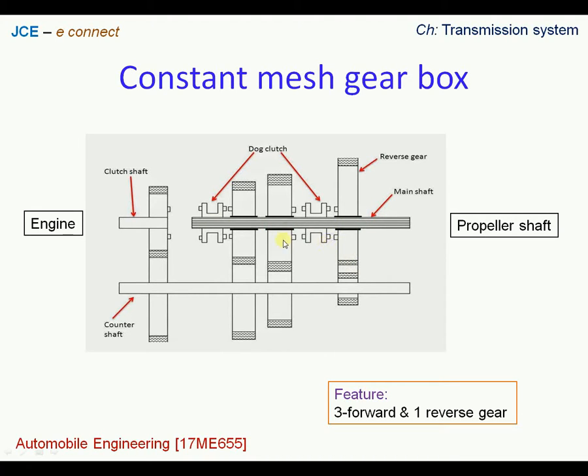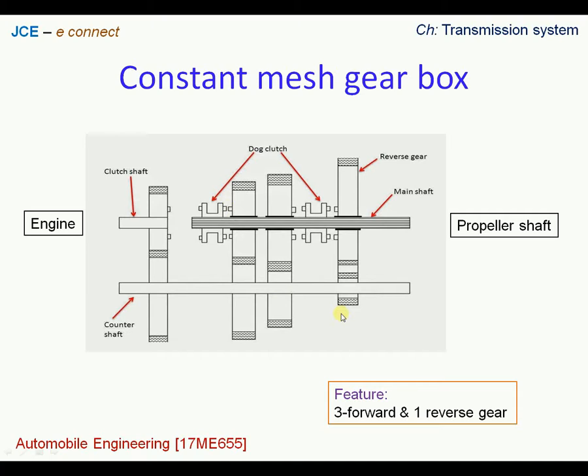Further, we see that the dog clutches have a tooth on its sides, and they are helpful to mesh with the gears as and when required.